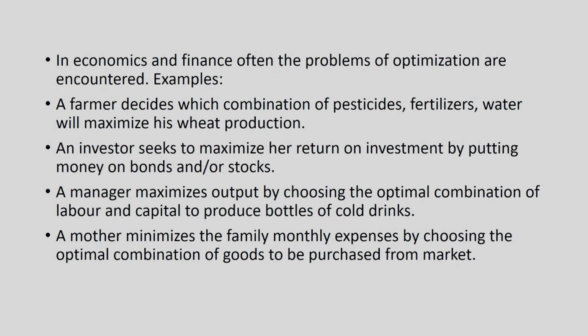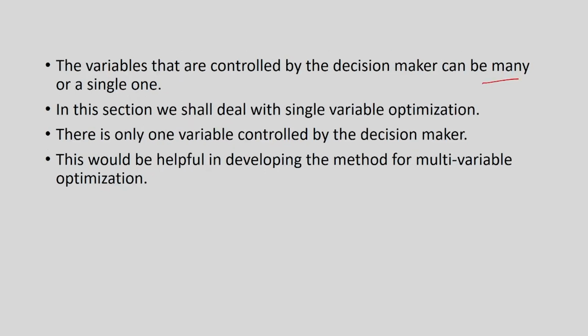But it is also possible that a decision maker controls a single variable, and that is what we are going to study in this particular module. Later on, in the second part of this course, that is in Part 2, one plans to take up the case of multiple variable optimization.